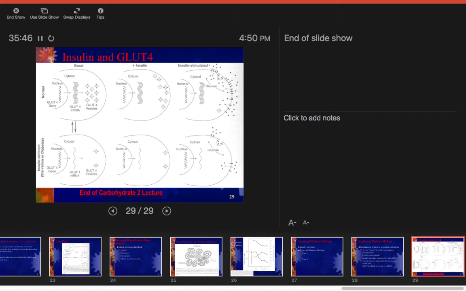So what kind of cell is this? What do you think? What's a tip? GLUT4. Likely a muscle cell.